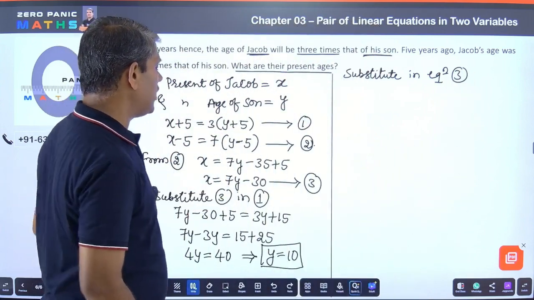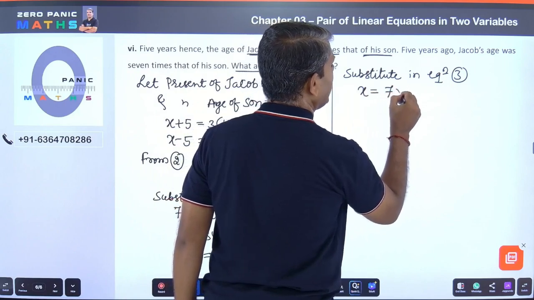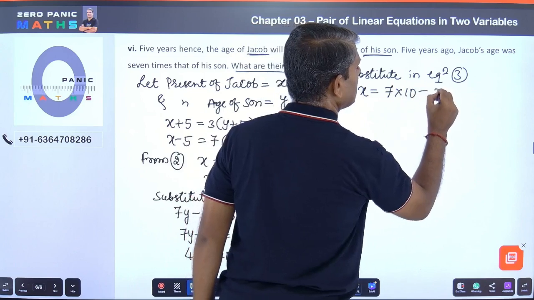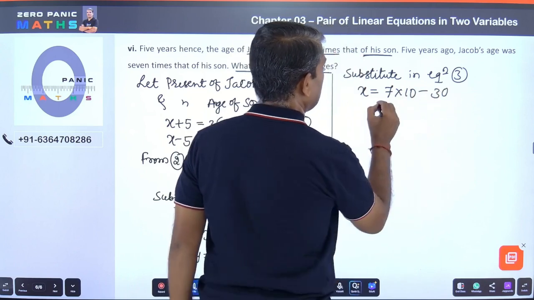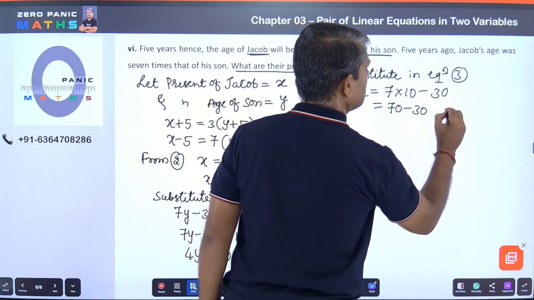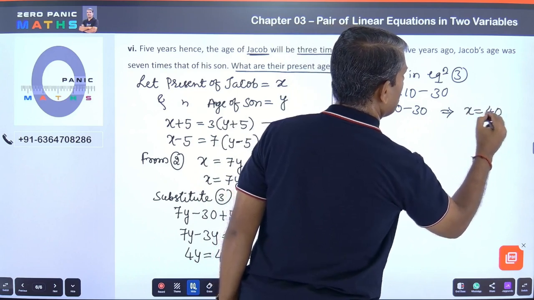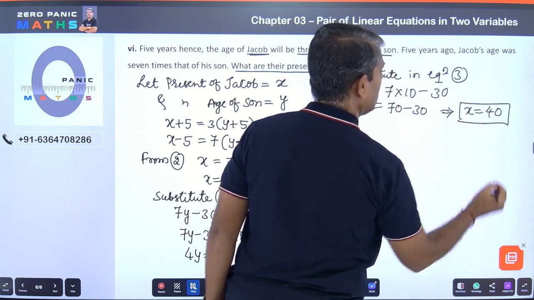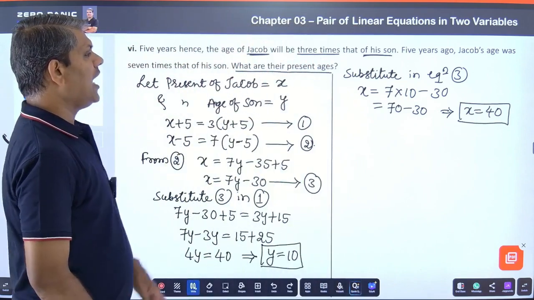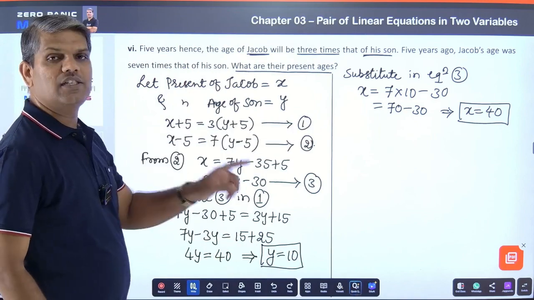X is equal to 7y minus 30. X is equal to 7 times 10 minus 30. That is 70 minus 30, which gives us x is equal to 40. So we can say that Jacob's current age is 40 and his son's current age is 10.